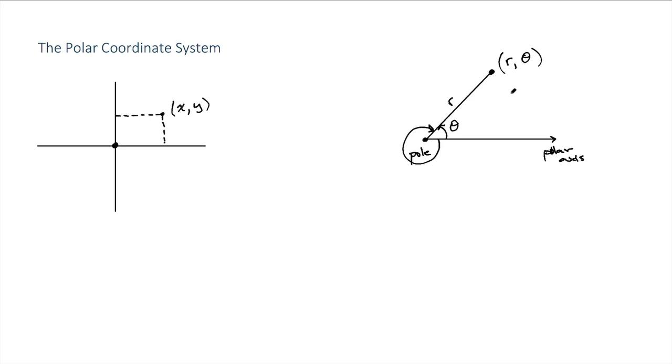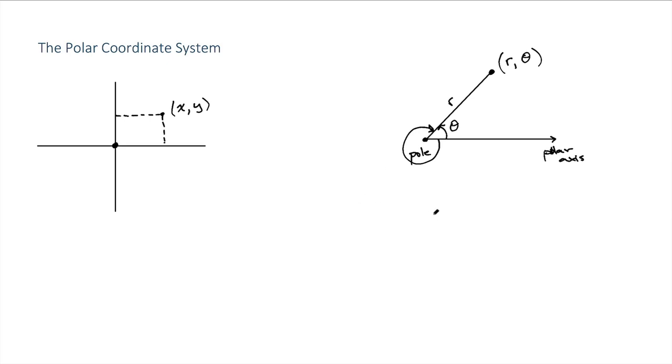Also, I should mention, of course, that angles are measured in the standard way, where counterclockwise is a positive angle and clockwise is a negative angle. Another way that we can adjust how we represent this point is if r is a negative number, it actually moves in the opposite direction from the pole.